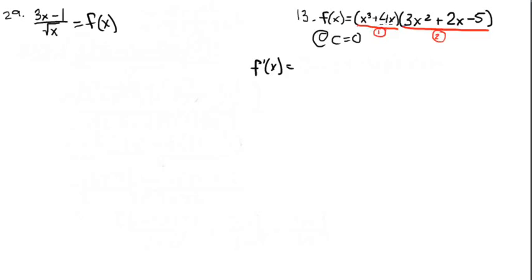So let's hold the first factor constant and take the derivative of the other. The derivative of this is going to use the power rule on the first term. We bring down the 2 and multiply it by the constant multiple of 3, so we have 6x for the first term. The second term, the derivative of x is 1.